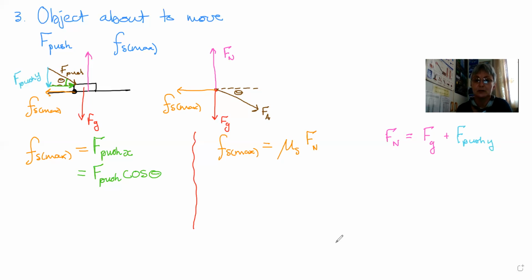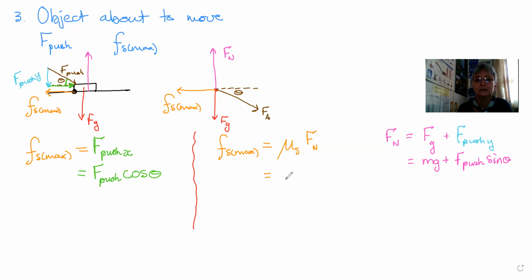So to zoom into the normal force, it is mg plus the Y component of the pushing force, which is F push sine theta, because the y component is opposite the angle theta in the triangle.